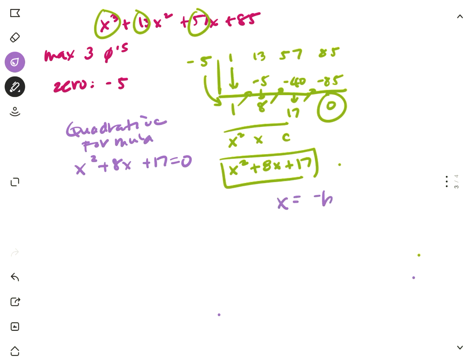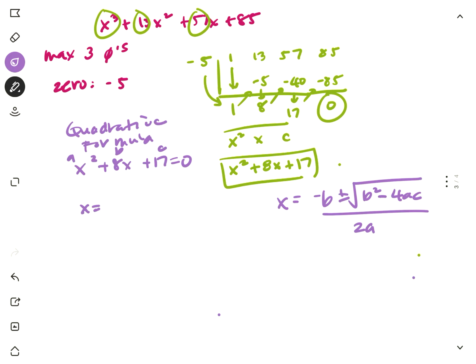So if you remember, x equals -b plus or minus square root of b squared minus 4ac over 2a. I'm just going to plug it in. So a is 1, b is 8, and c is 17.